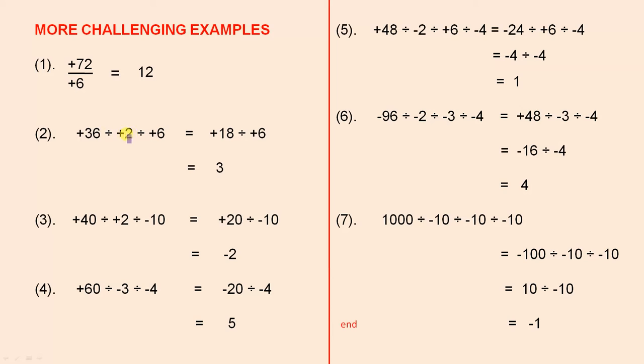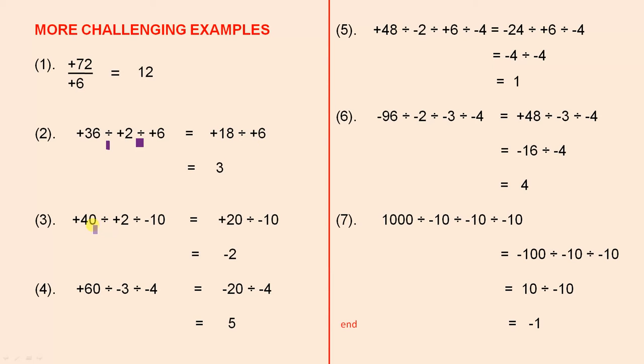Plus 36, plus 2 and plus 6. That's all that means. These are the operations here. See that? Division. So working from left to right, 36 divided by 2 gives you plus 18. Then we have plus 18 divided by plus 6, and the answer is 3. Because plus divided by plus gives you plus.